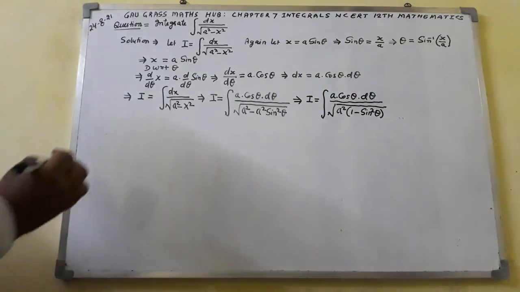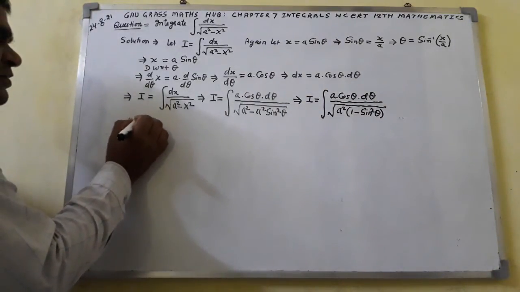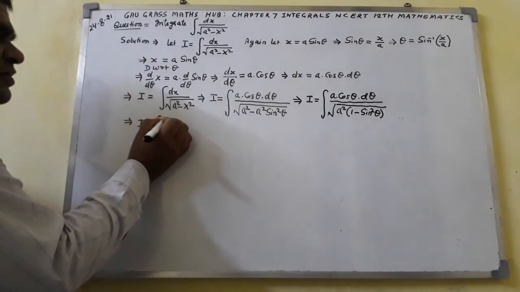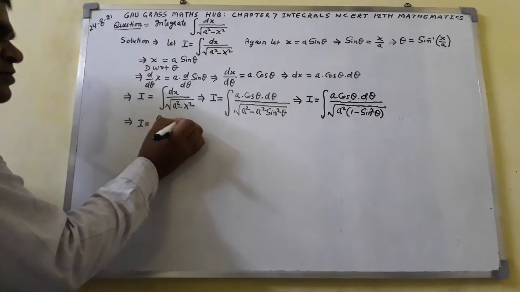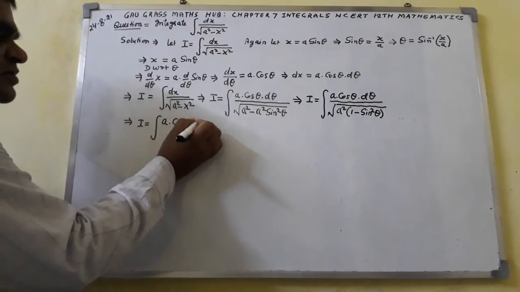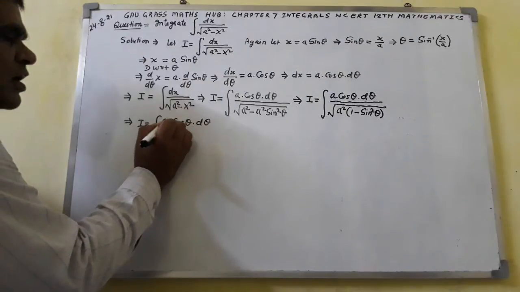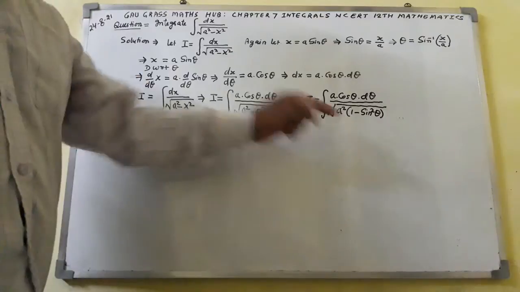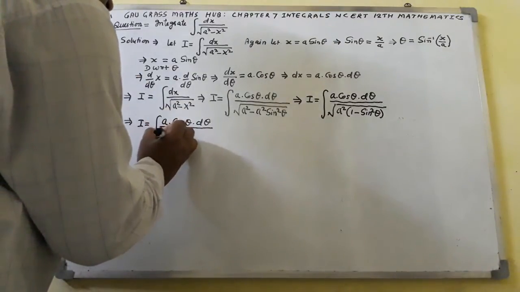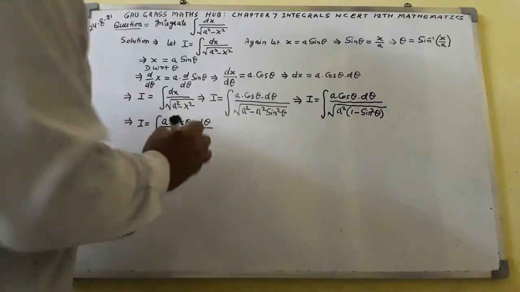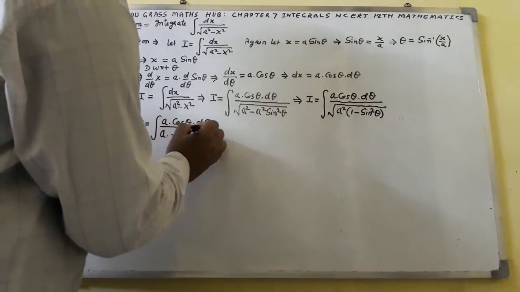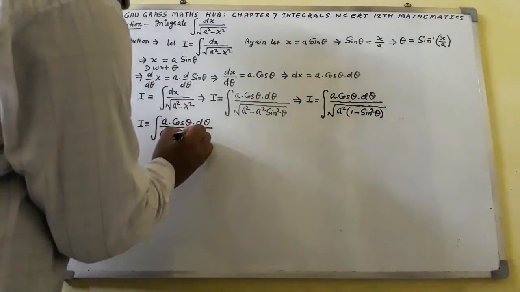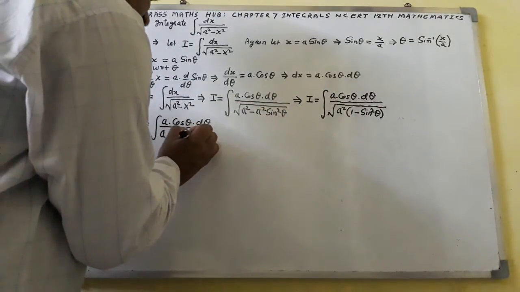So I equals integral a cos theta d theta, whole over under root a square, which comes out to be a, dot under root 1 minus sin square theta, which comes out to be cos square theta.